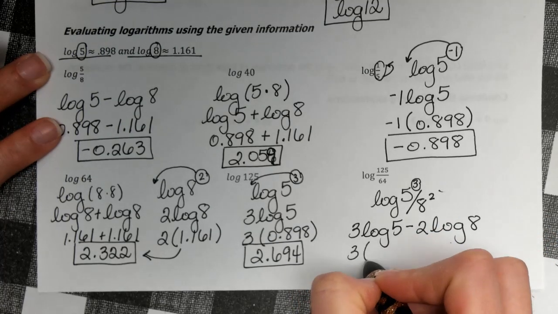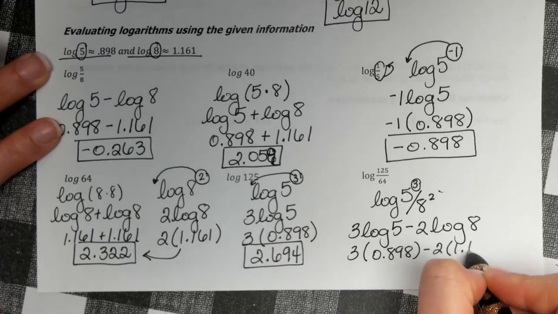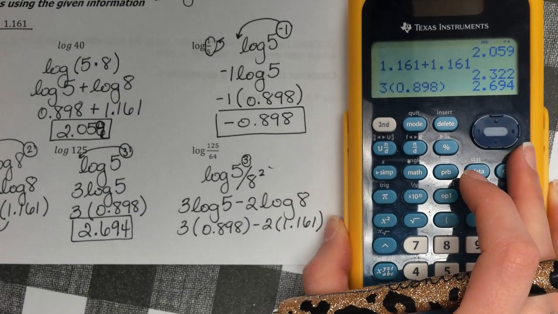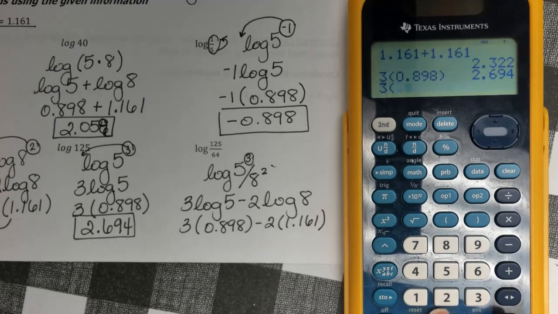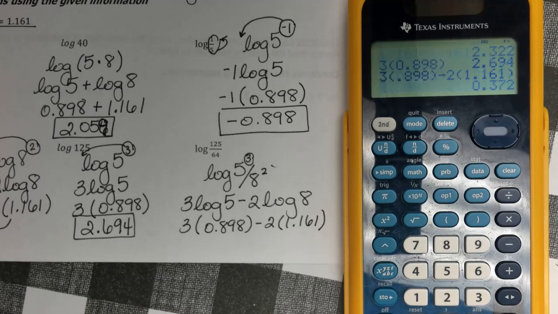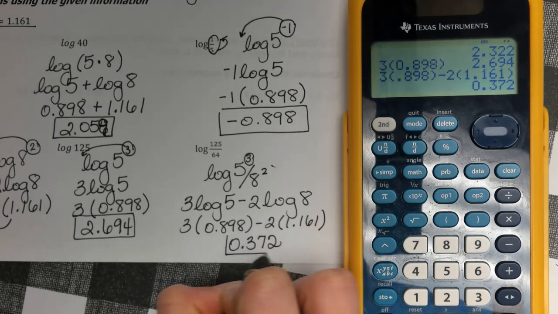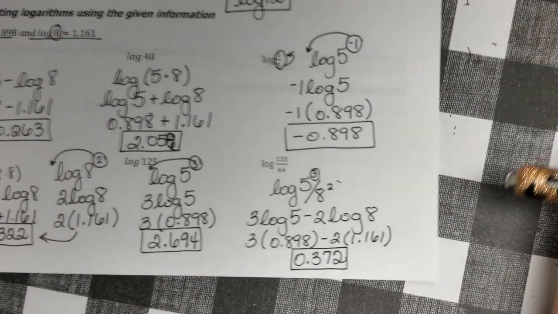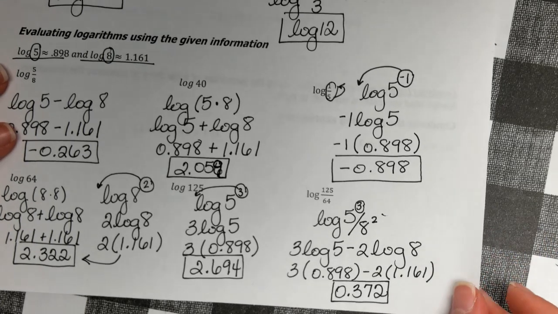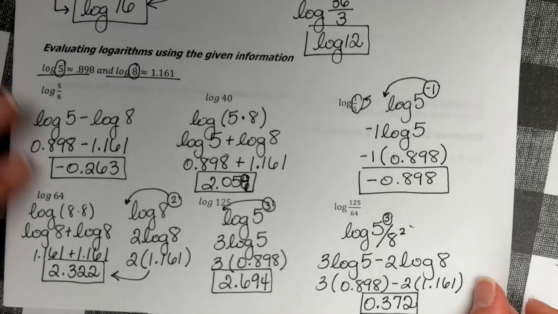So then 3 times 0.898 minus 2 times 1.161. And you can type that all in one step in your calculator. And that gives you 0.372. Do we have questions? Okay.